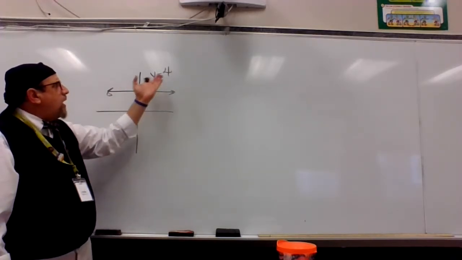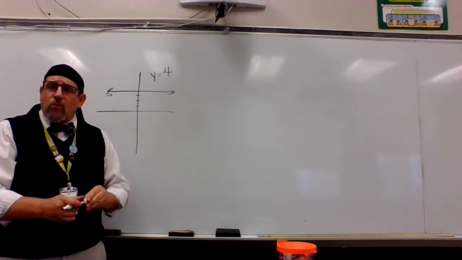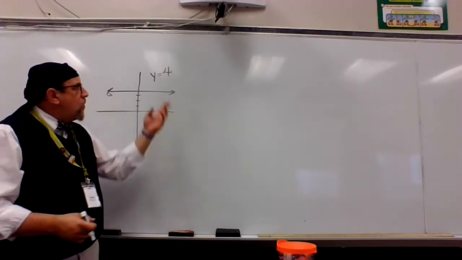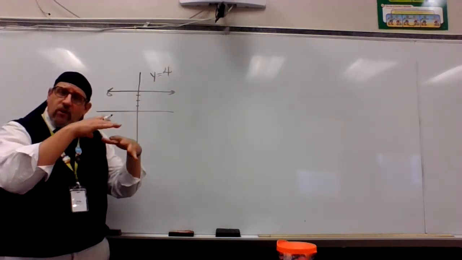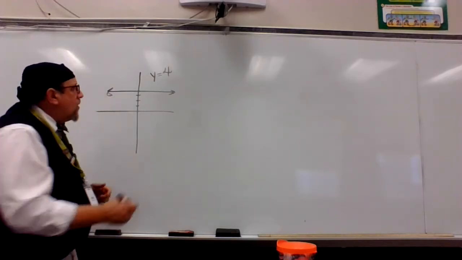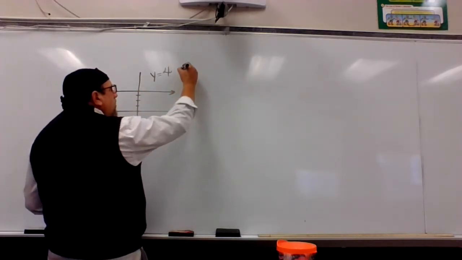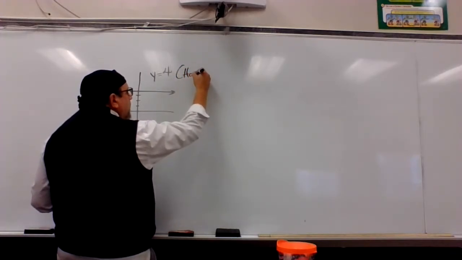It just says y equals 4. And what that means is, it doesn't matter what you put in for x. What you're going to always get out is 4. So there's no real math work that needs to be done. Y equals 4 is just the graph of a horizontal line.